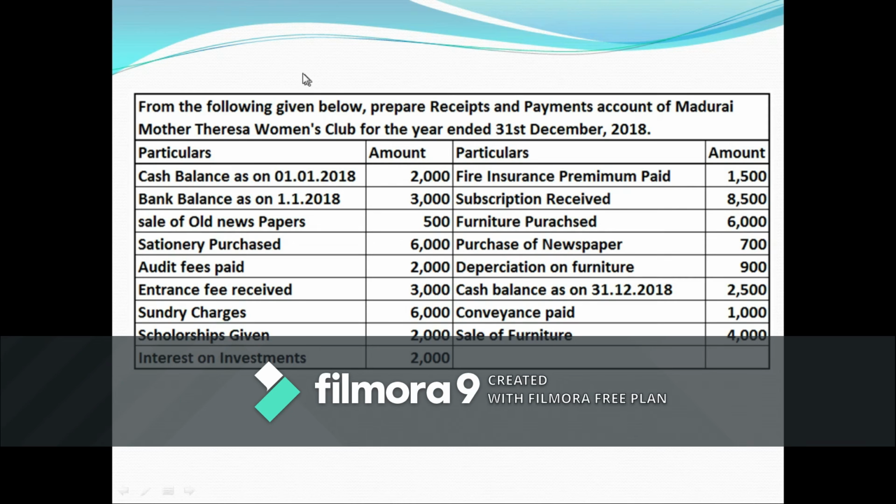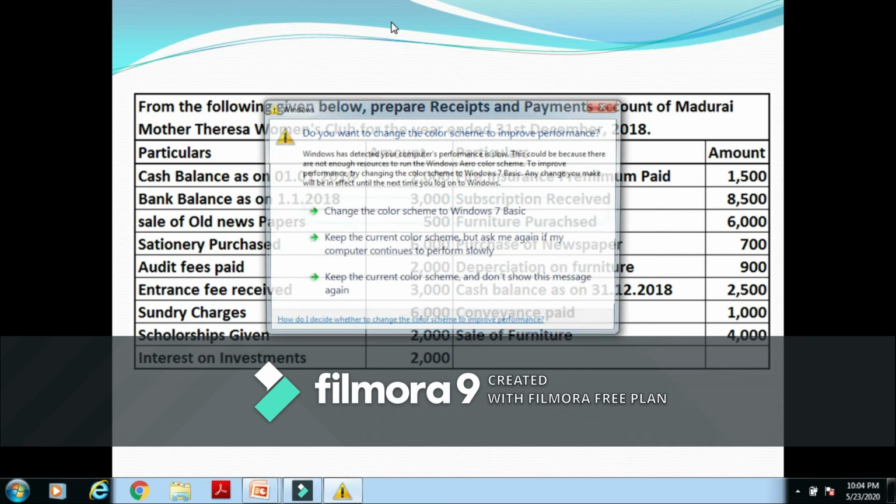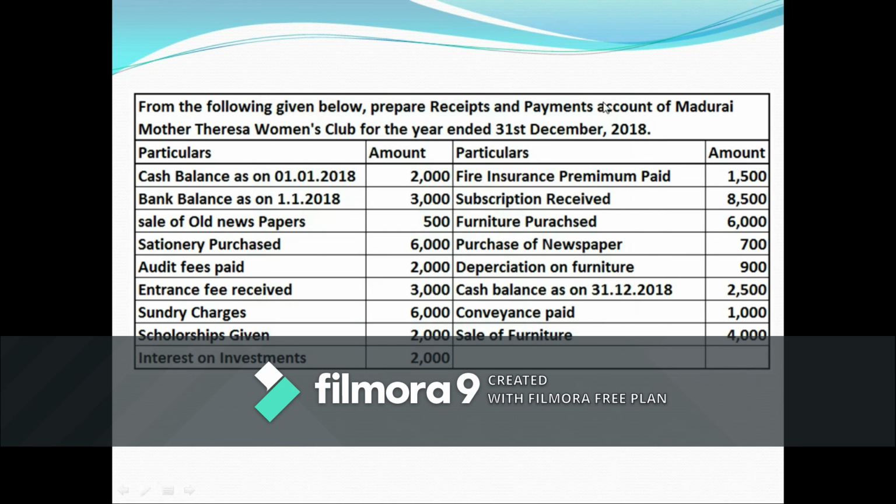Here, sum number 3. From the following given below, prepare receipt and payment account of Madurai Mother Teresa Women's Club for the year ended 31st March 2018.